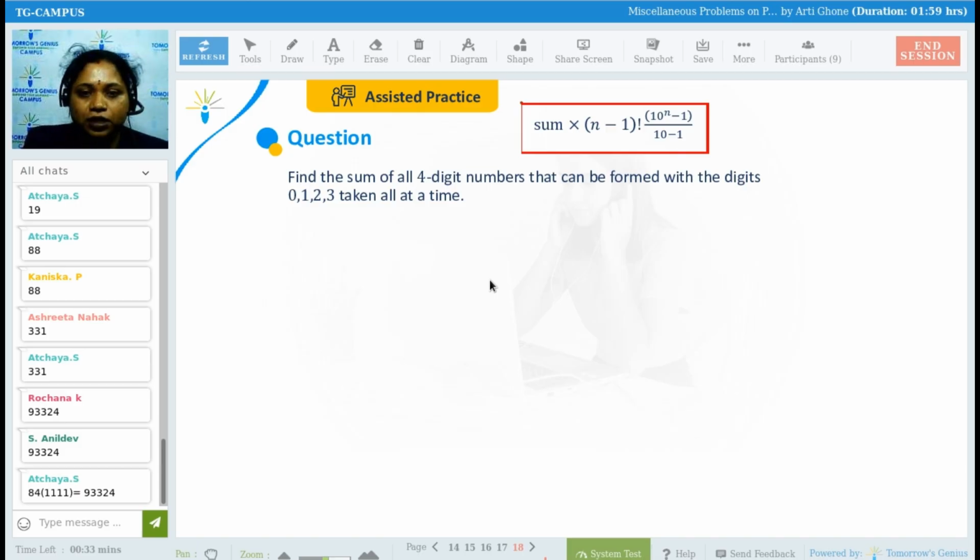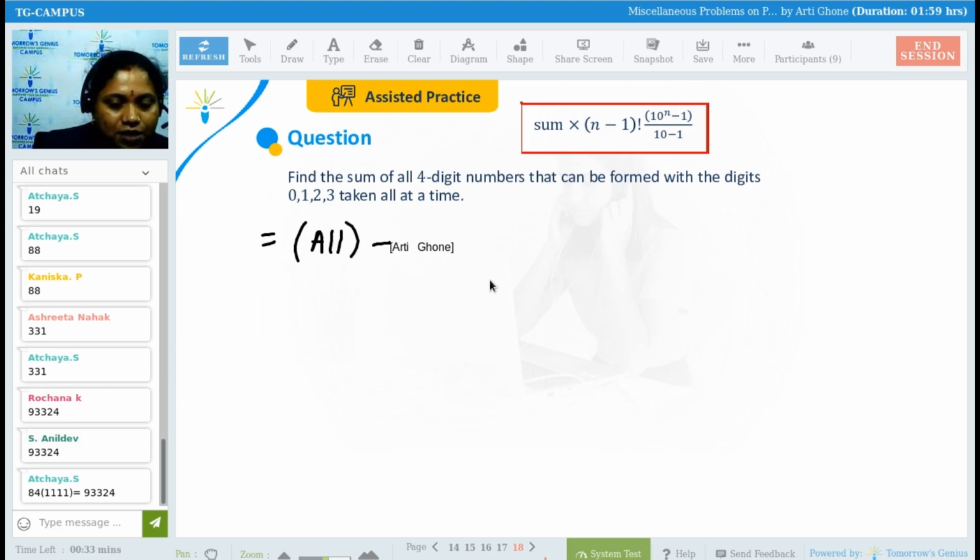I am always telling you to consider all cases. What is the strategy for this type of technique? First consider all cases and then subtract the never cases. Right now you can take the sum of all numbers formed, that means you will start with n equal to 4.